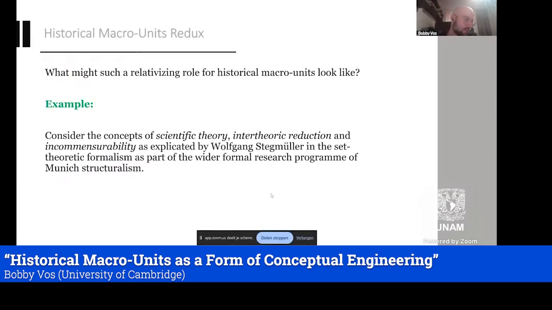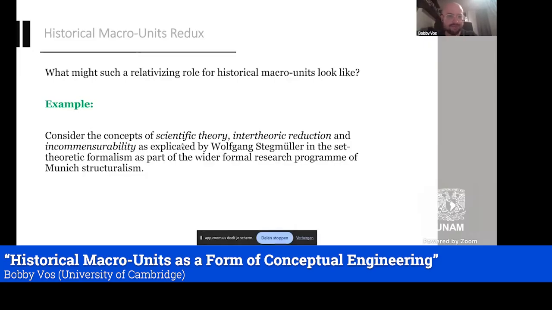Before I wrap this up, I want to illustrate this claim by offering an example, and this is one of my favorite examples of how rational reconstruction or Carnapian explication and historically informed philosophy of science may be brought together.